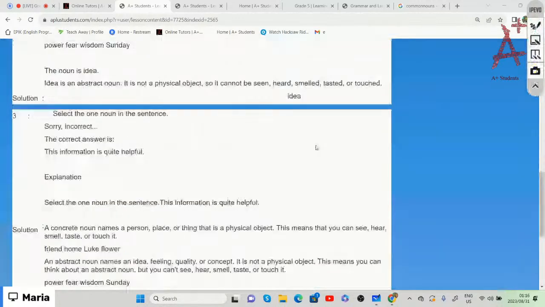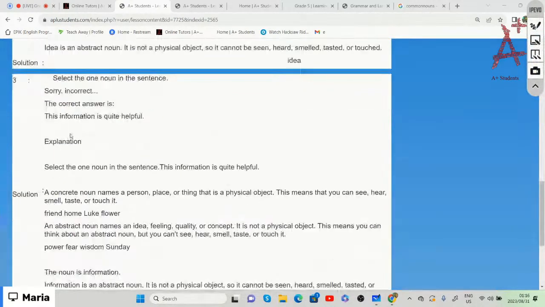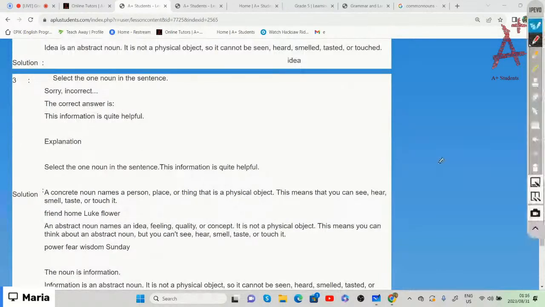Now we need to select another noun within the sentence. The information is quite helpful. So we need to select the noun within the sentence. One noun. This information is quite helpful.